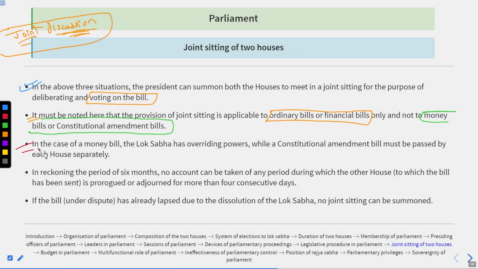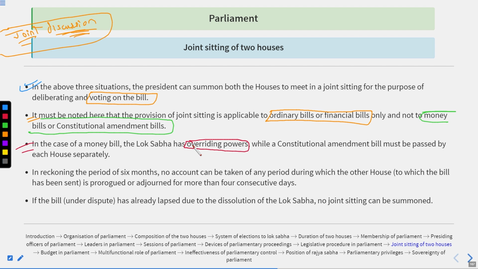Thereafter, in the case of the money bill, the Lok Sabha has the overriding powers. Like we had seen, the money bill can only be presented in the Lok Sabha, after the prior recommendation of the president, and the speaker's decision will be final to declare whether the bill is a money bill or not. If the money bill is passed by the Lok Sabha, then the Rajya Sabha gets a 14 days tenure to discuss the money bill.